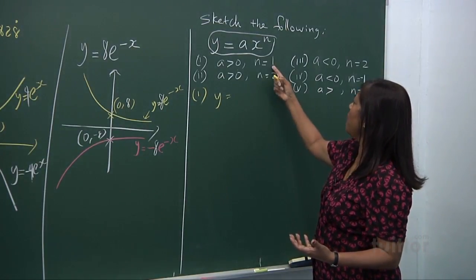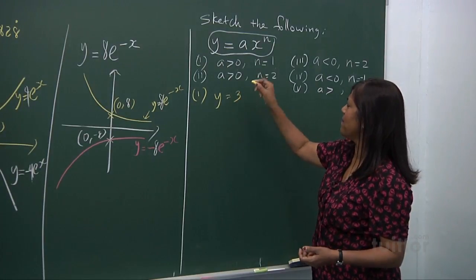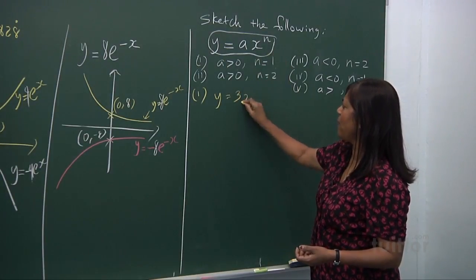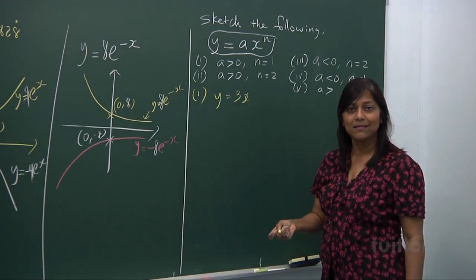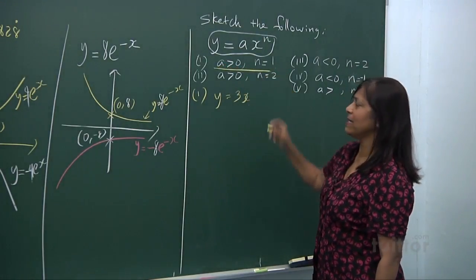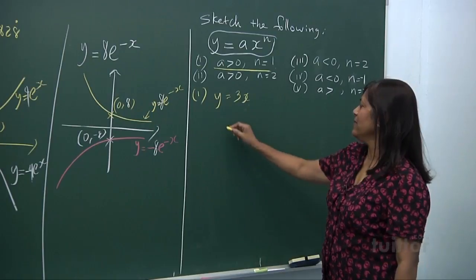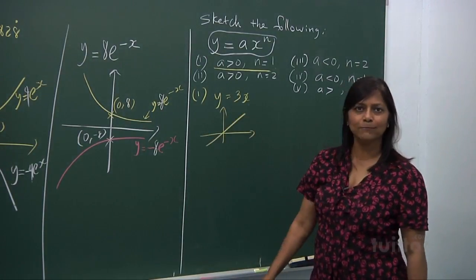When n is 1, and a is 3 for example, isn't this a straight line equation? Yes, so you can see that this first graph is a linear equation. So the shape of the graph will be this. Got it?